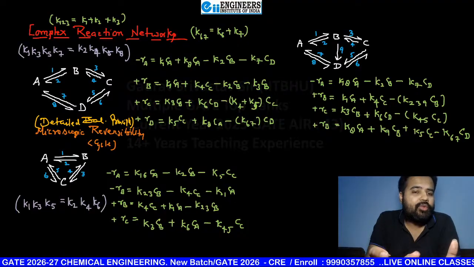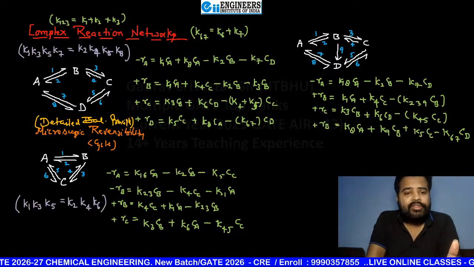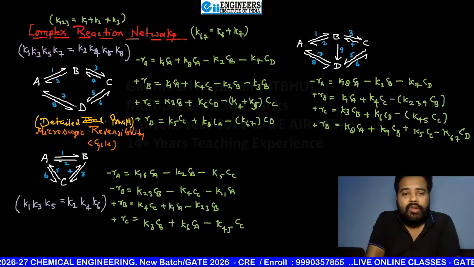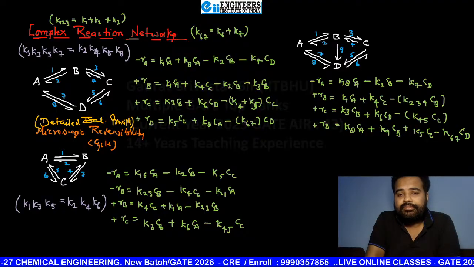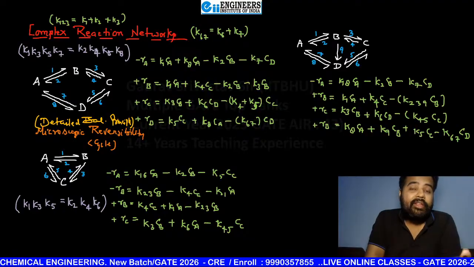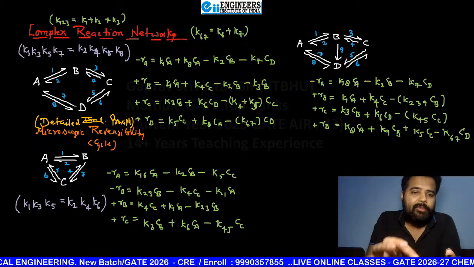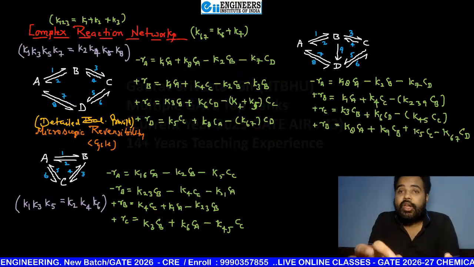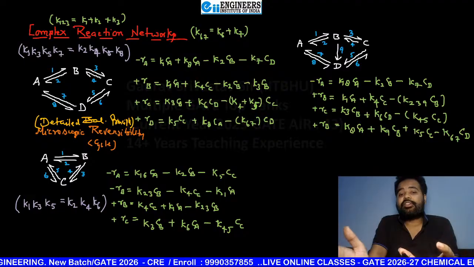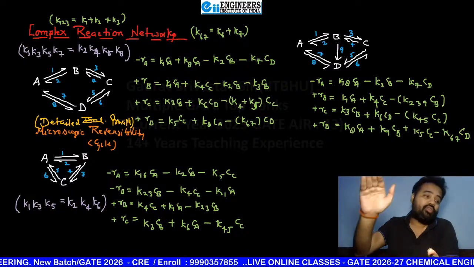Is it crystal clear to all of you, beta? Tell me everyone. Why does it happen? Because of the equilibrium requirement. That means during equilibrium, the net flux through any closed cycle must be zero.